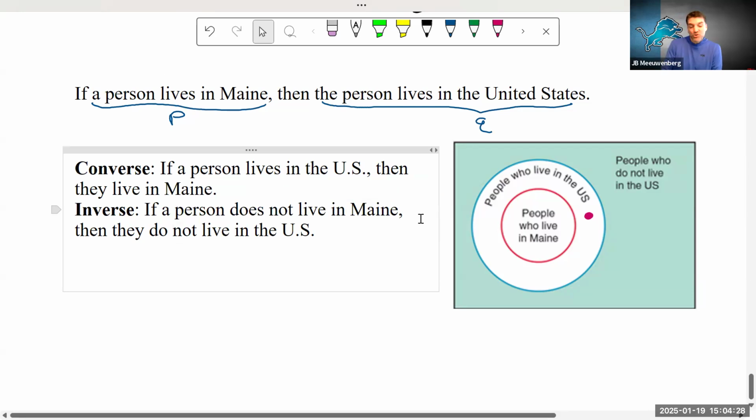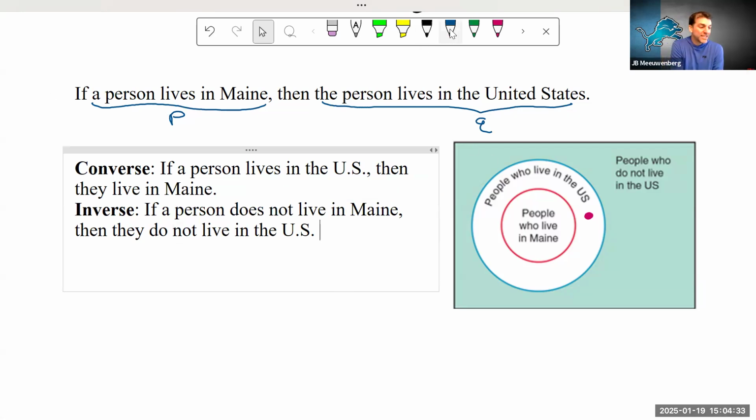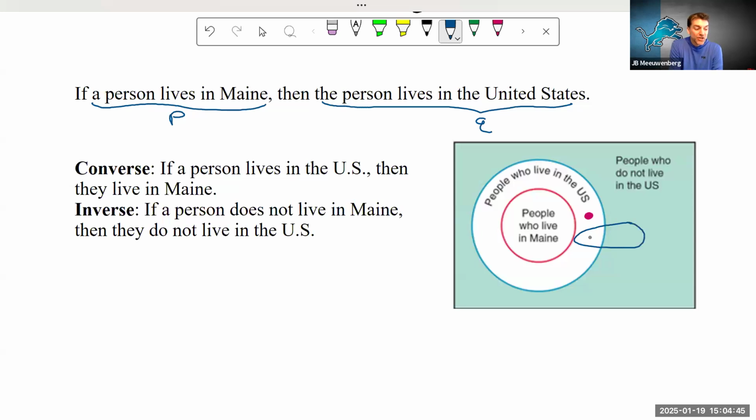Well, is that a true statement? Well, let's think about that. People who live in Maine are in this red circle here. But a person who does not live in Maine, they could be here or they could be out here, right?